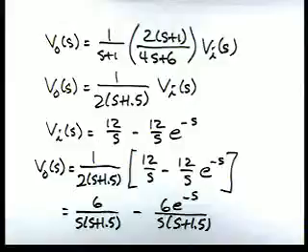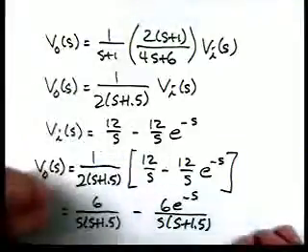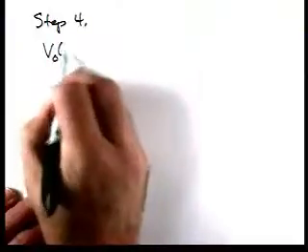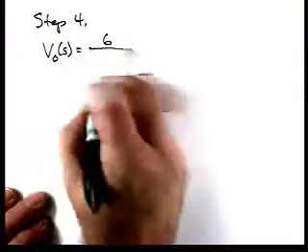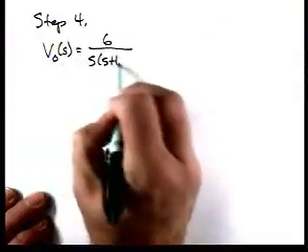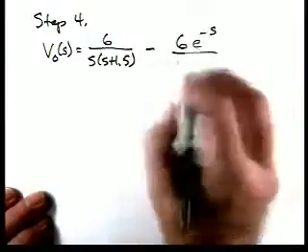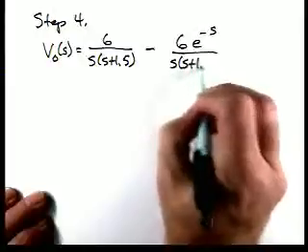So now we have our ratio of polynomials, and now we're ready to do step 4, which is perform the inverse transform. So we have V0 of S is 6 over S times S plus 1.5 minus 6 e to the minus S over S times S plus 1.5.